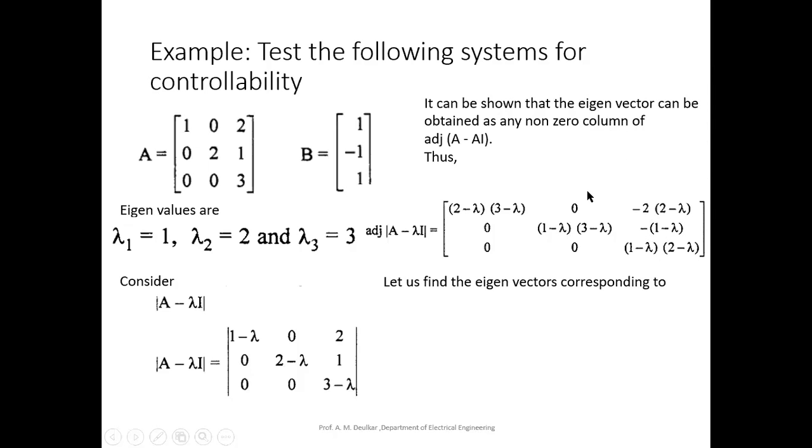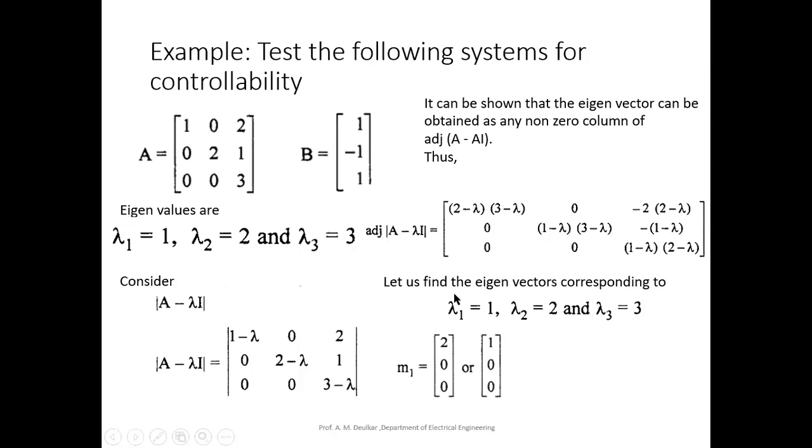So similarly for the other positions. Let us find the eigenvectors corresponding to every eigenvalue, for lambda 1, for lambda 2, and for lambda 3. That will be obtained when we put these into this adjoint.